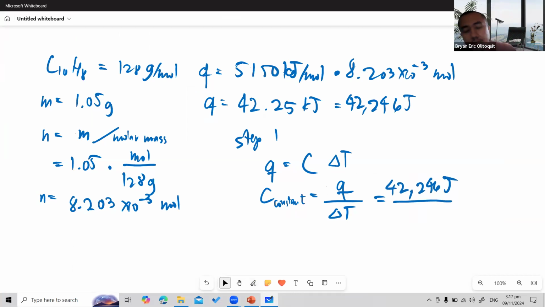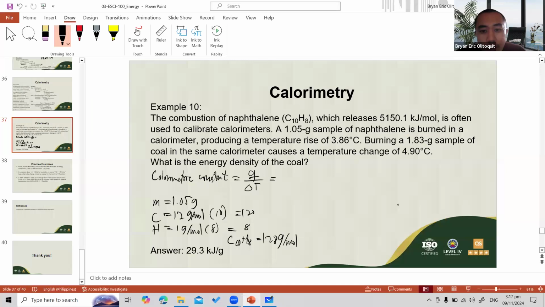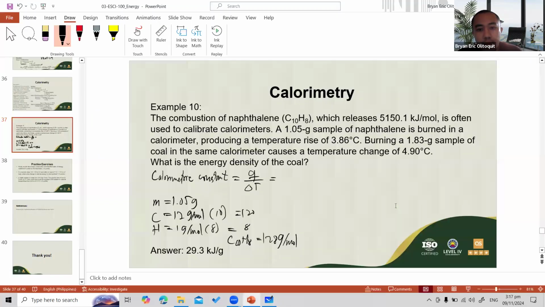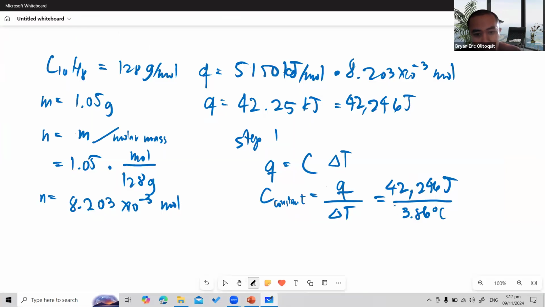Dividing by 3.86, you have 10,944.6 joules per degree Celsius. So that is now the calorimetry constant.